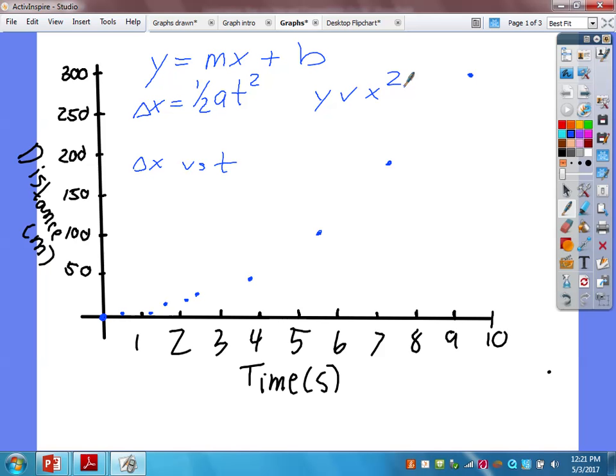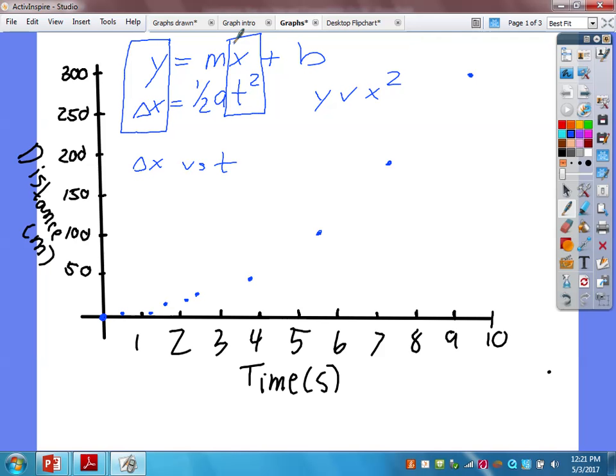So what I do instead is I incorporate that square into my initial data. I'm going to graph delta x versus t squared. I know what the delta x's are. I know what the t's are. I can then manipulate either one, whatever I want to do with it, to figure out how to appropriately graph it at that point.